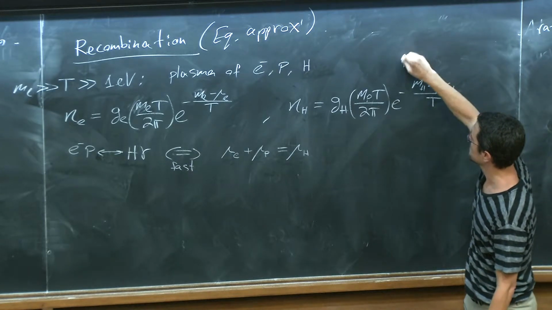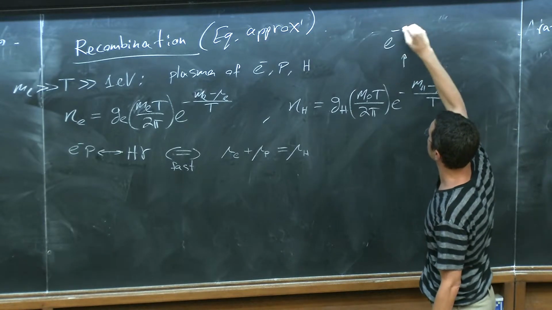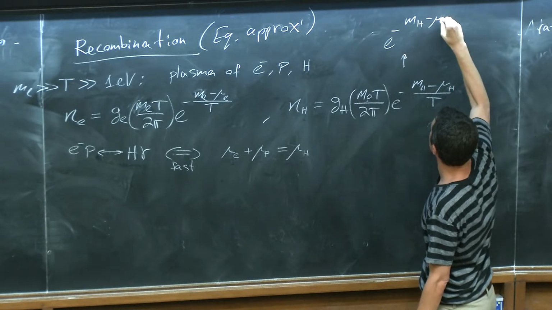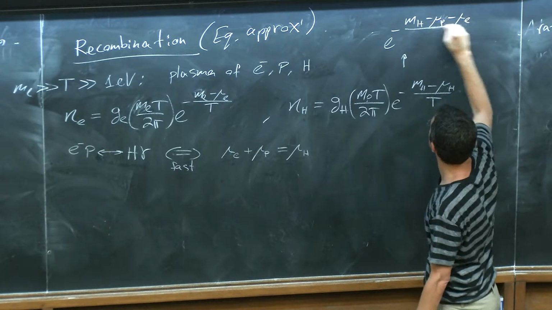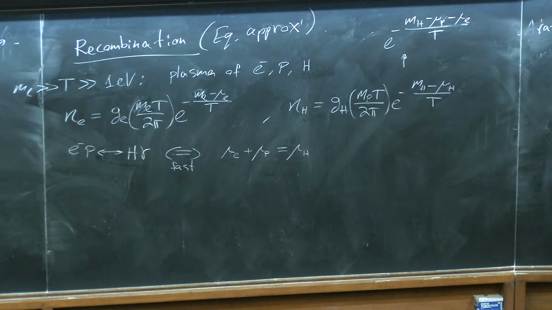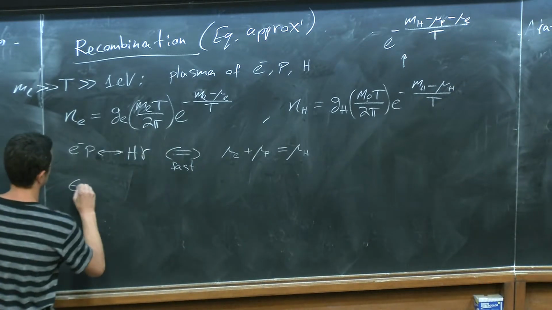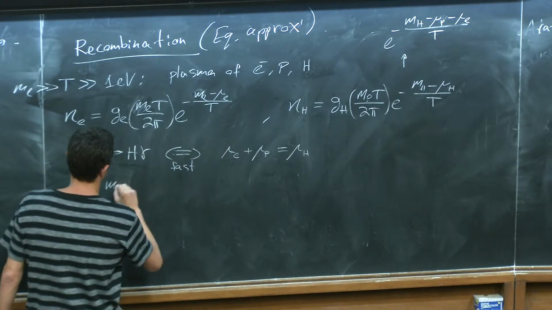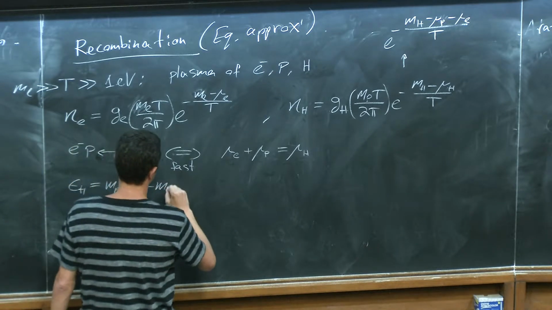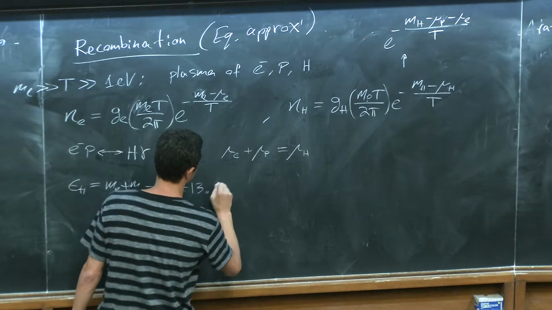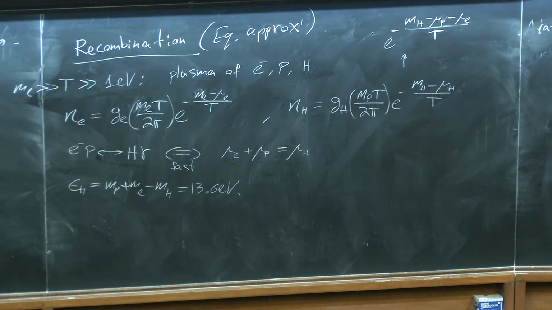So what I have here in the exponent is minus m_H minus mu_P minus mu_E over T. And it's convenient then to use the binding energy of hydrogen, which is defined as E_H is m_P plus m_E minus m_H, and that's your famous 13.6 electron volt, the ionization energy of hydrogen.